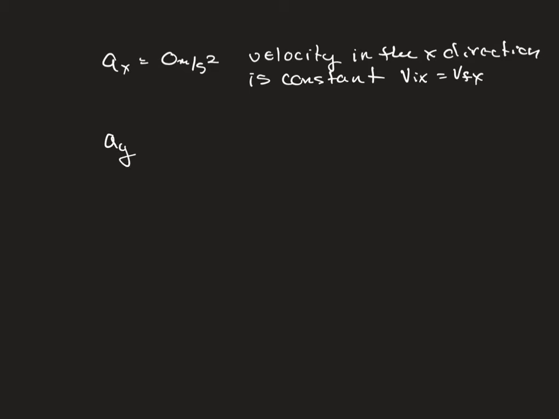The acceleration in the y is equal to a negative 9.8 meters per second squared, which is the same thing as g. So sometimes in equations you'll see it written as g, sometimes you'll see it written as a of y. They mean the same thing in this case.